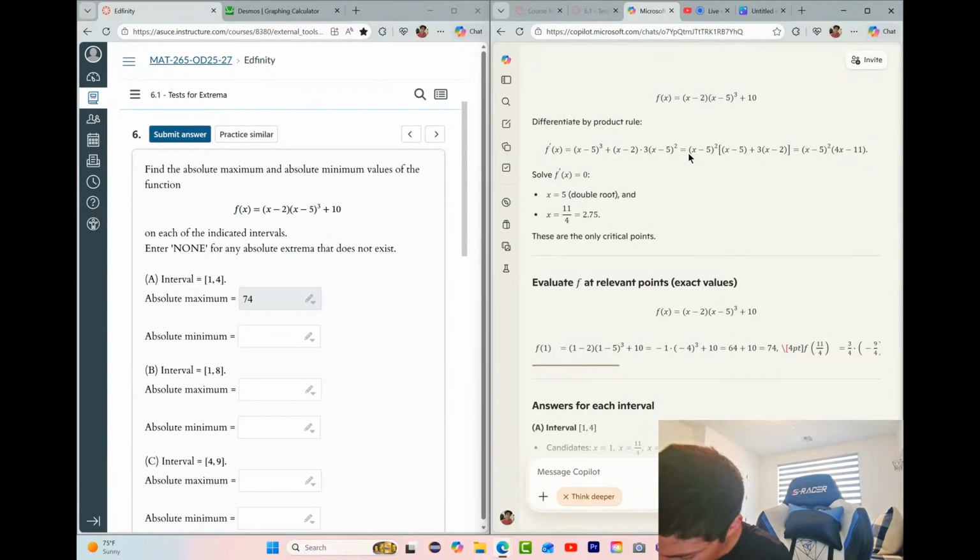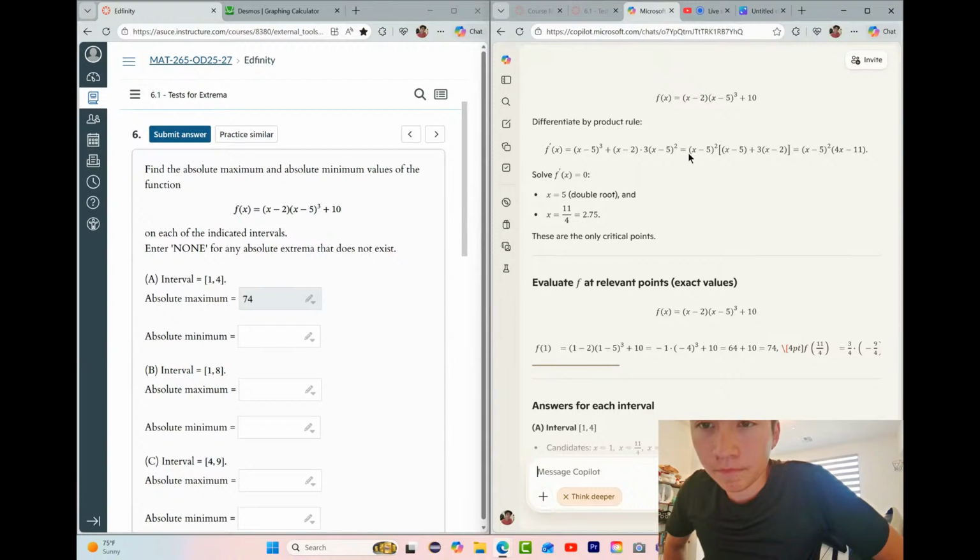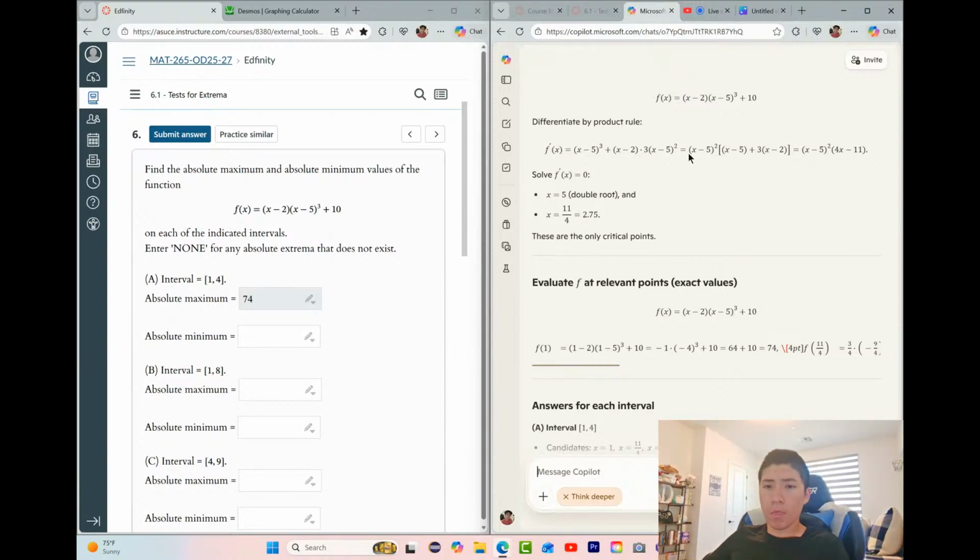To get x minus 2, 3, plus x minus 5. Right. And then here we do, okay, so you just simplify there.